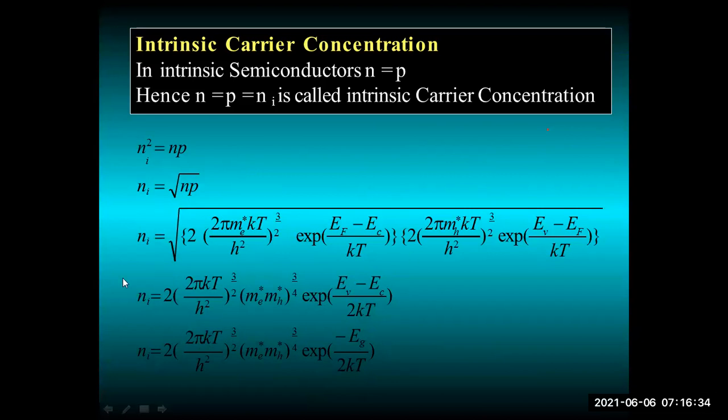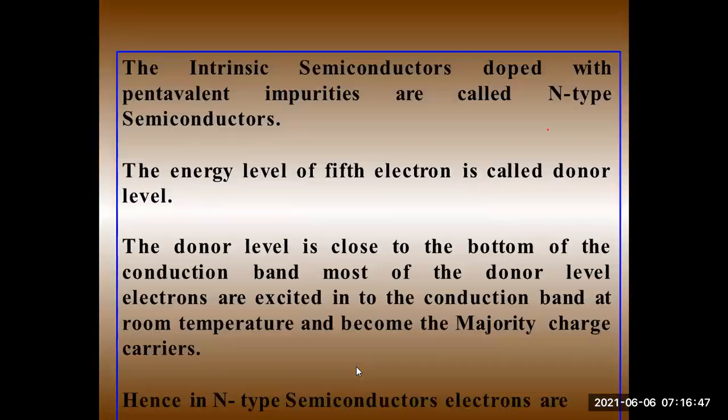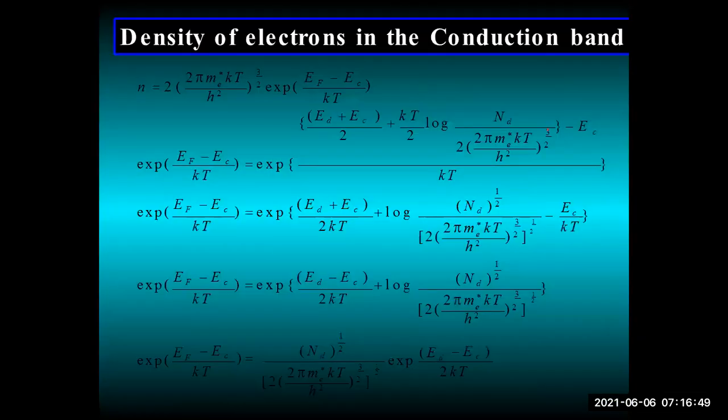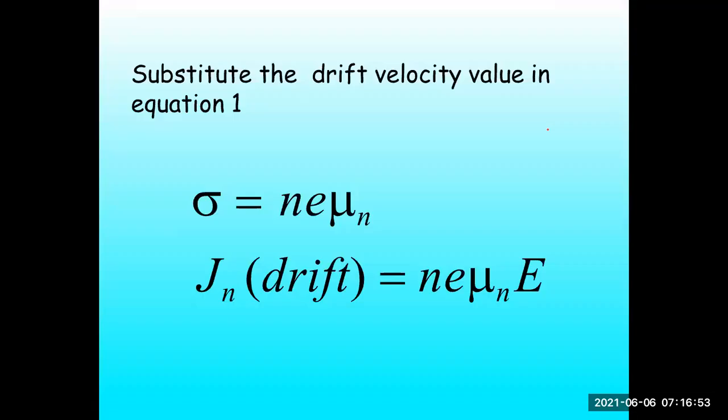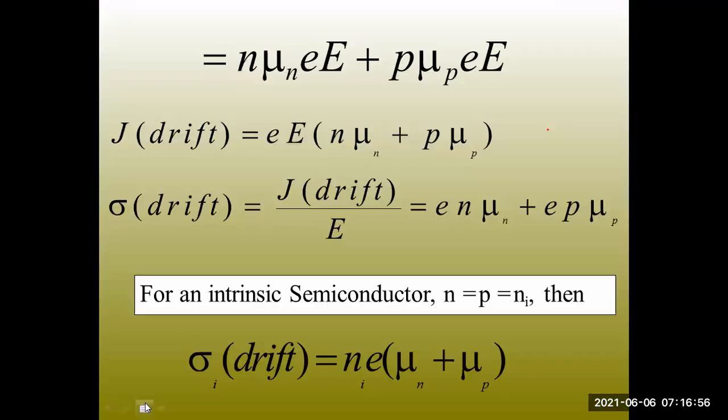We are just replacing this value in our equation. n i is equal to 2 into 2 pi kT by h square to the power of 3 by 2 into m e asterisk m h asterisk to the power of 3 by 4 exponential of minus Eg by kT. We are replacing this value in our basic equation, sigma i drift is equal to n i e into mu n plus mu p, or mu e plus mu h.